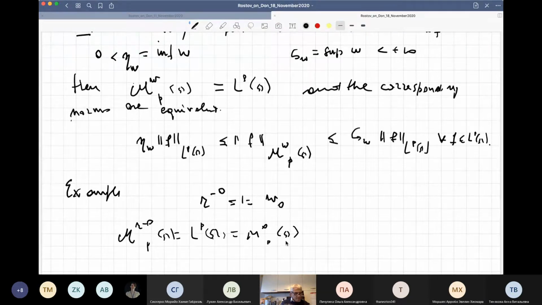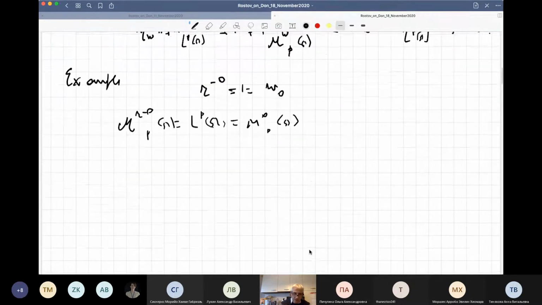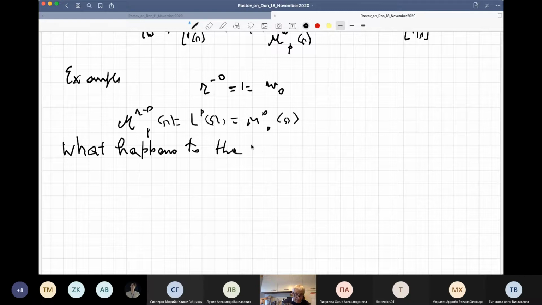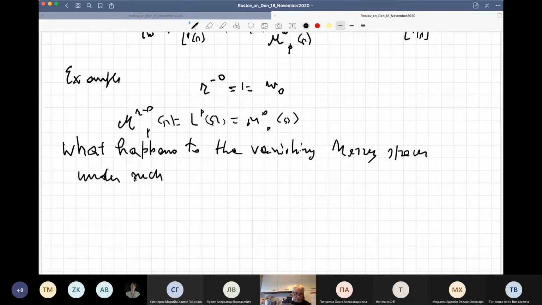Okay, so what happens for the vanishing Morrey spaces in these cases? Limiting cases, let's say. The question: what happens to the vanishing Morrey spaces under such conditions on W?